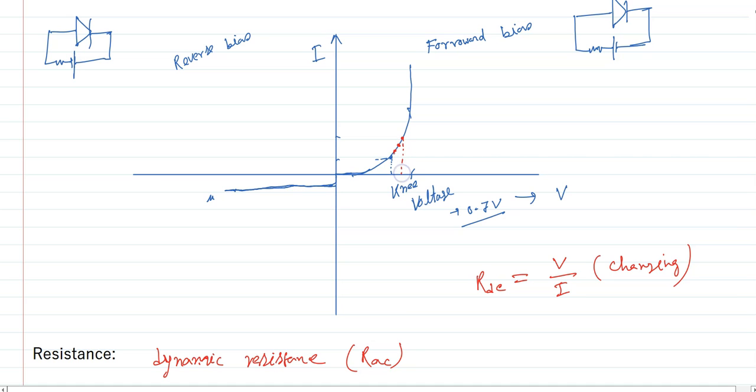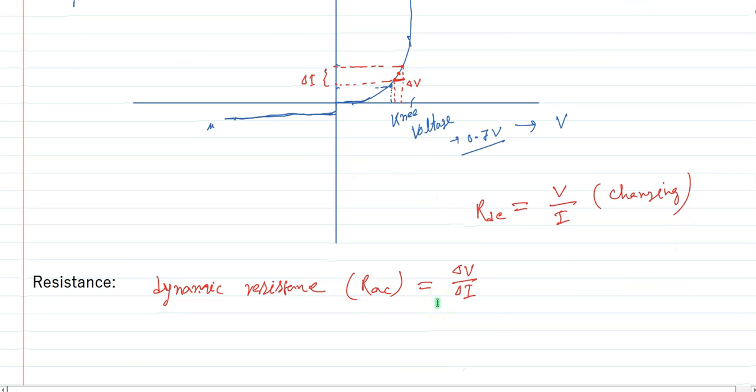Now there is a small voltage difference called del V. This is your del V, and there is a small current difference, this is del I, and the dynamic resistance is del V by del I. This is called dynamic resistance. So in case of a diode, we always calculate dynamic resistance rather than DC resistance.